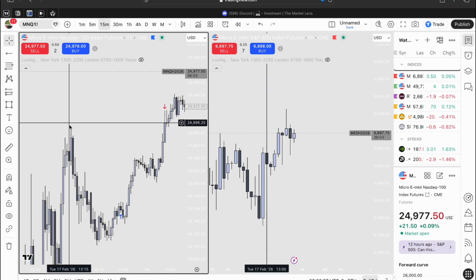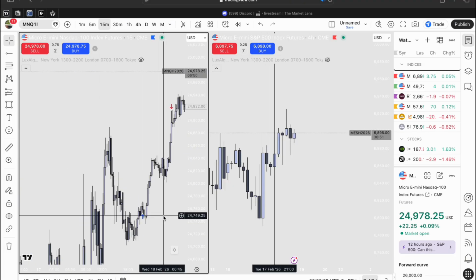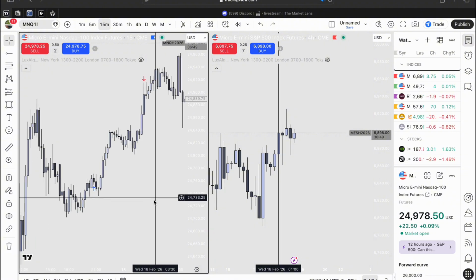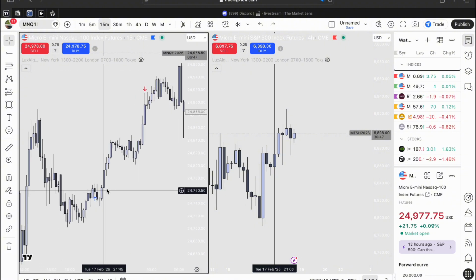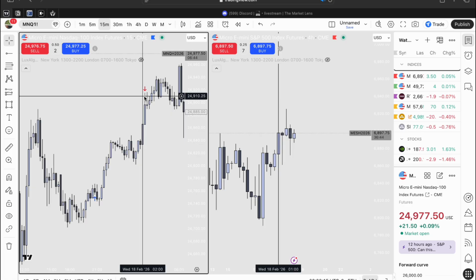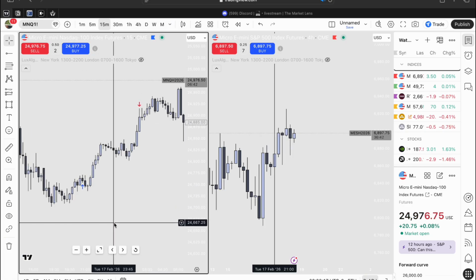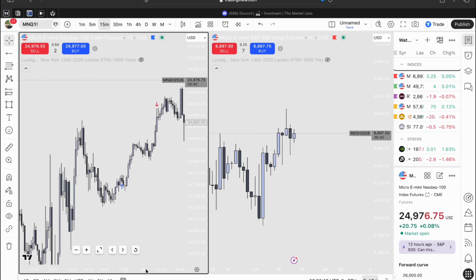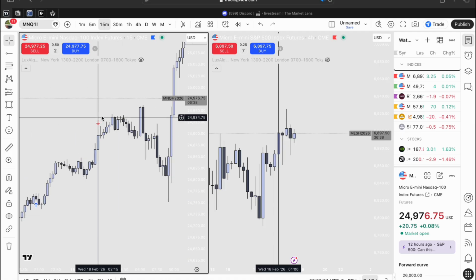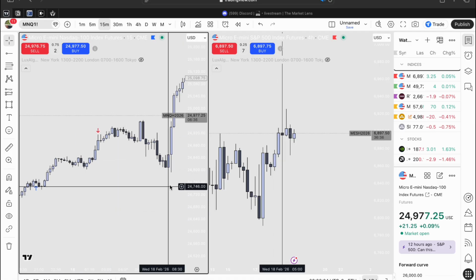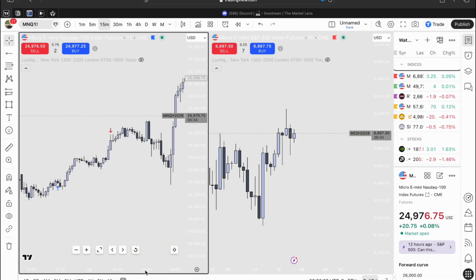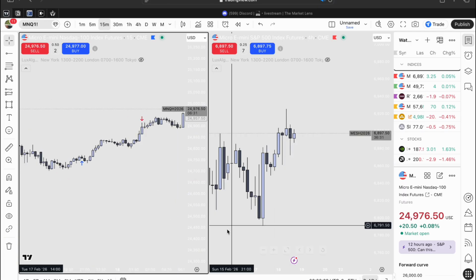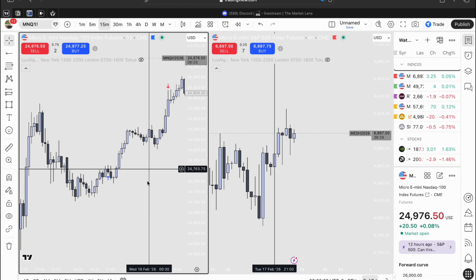This was my target, just above this liquidity into the daily gap. And then it took a couple hours. Looks like we took full take profit at about 2 in the morning, so an hour after London session open, which was perfect because after that we started our move down and formed another swing point for the New York session. So this was more of an Asia session expansion trade.